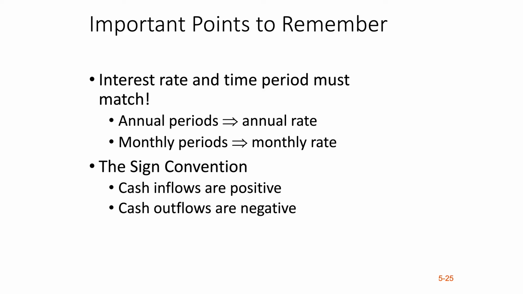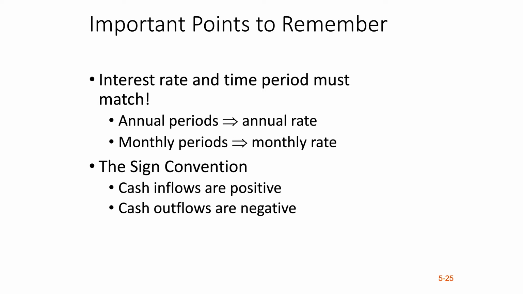Each period may be annual, meaning per year, semi-annual, meaning 6 months, or monthly, meaning 12 periods per year. So you have to adjust the annual rate into a monthly rate, for example.